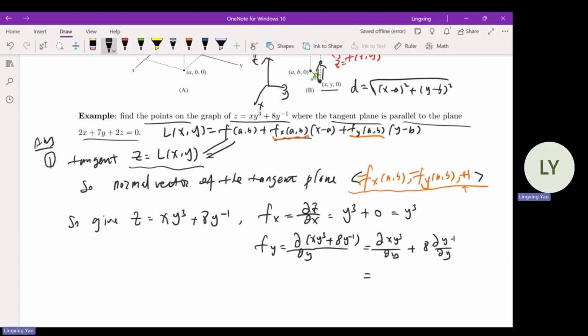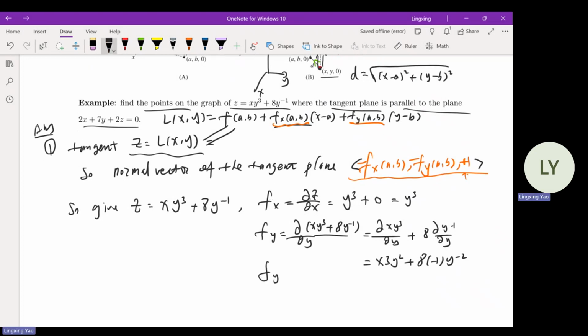This is x times 3 times y squared plus, actually negative, let's just wait, 8 times -1 y to the power -2. So partial f partial y equals 3xy squared minus 8 times y to the -2.